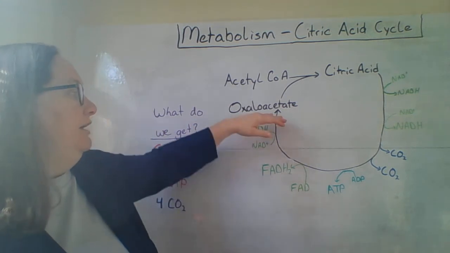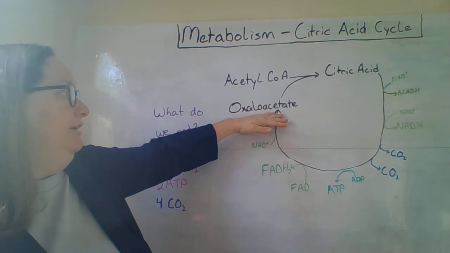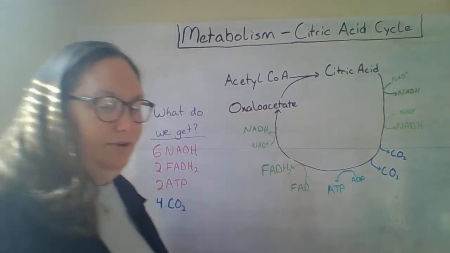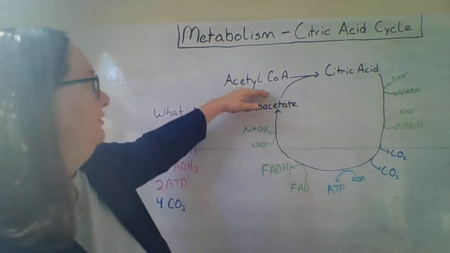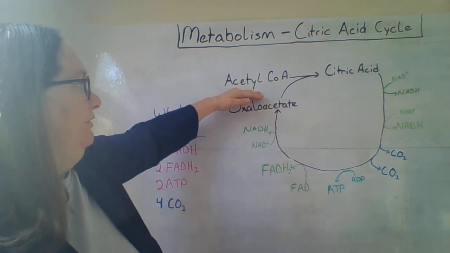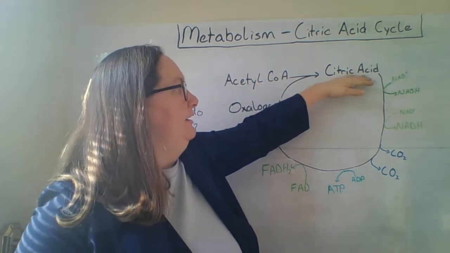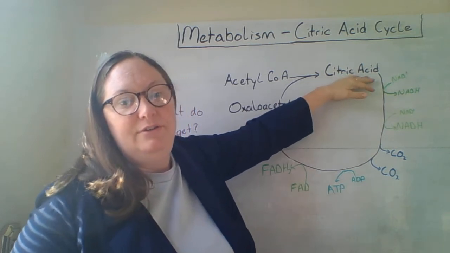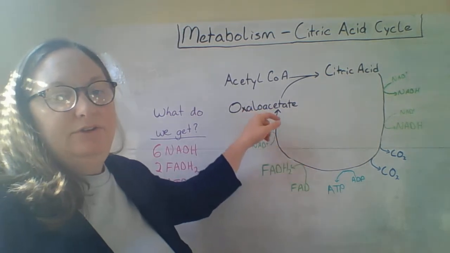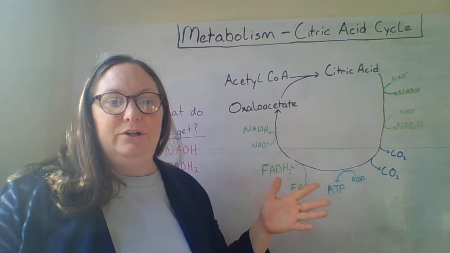And acetyl-CoA is going to combine with something called oxaloacetate. So oxaloacetate is 4 carbons. Acetyl-CoA is going to be 2 carbons. And we're going to combine and have a 6-carbon citric acid. Citric acid is going to go through a number of oxidation reduction reactions that I'm not going to require you to know.